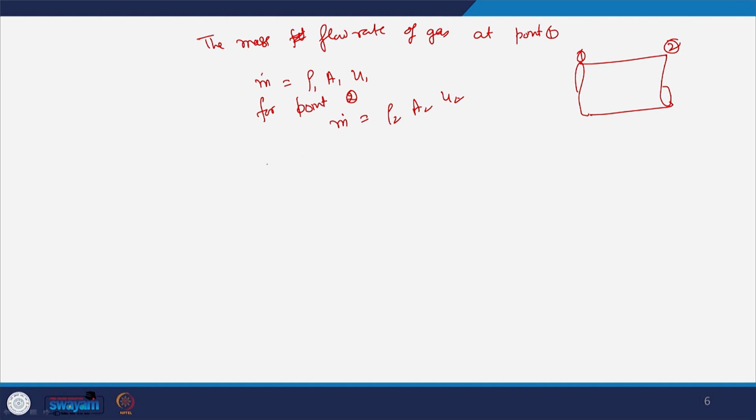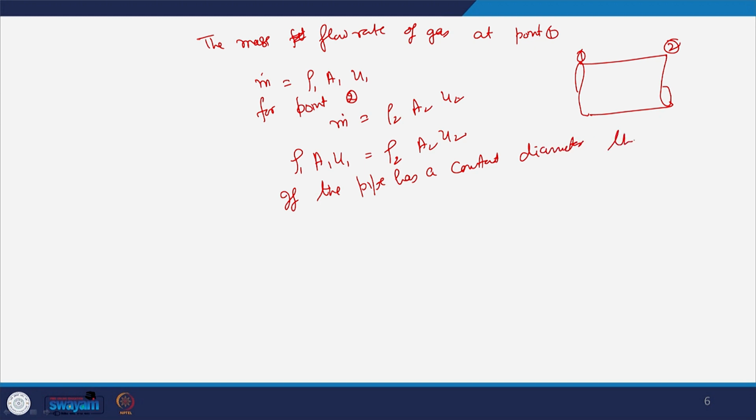So, from the above equation we can take rho 1 A1 U1 is equal to rho 2 A2 U2. Now, if the pipe has a constant diameter, then obviously A1 will be equal to A2. So, in that case rho 1 U1 is equal to rho 2 U2.